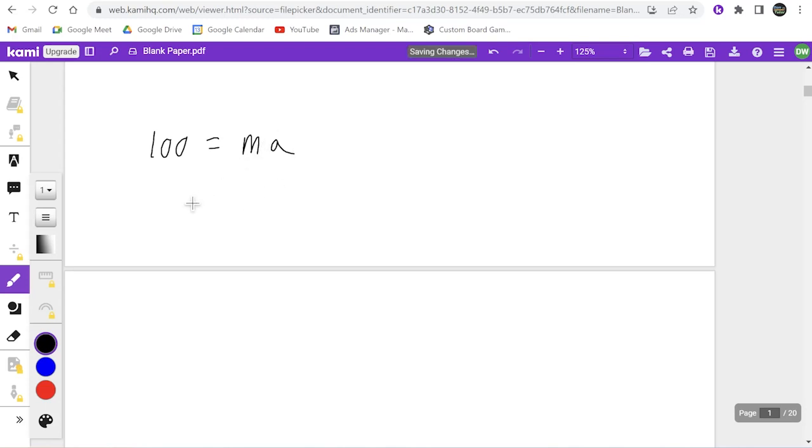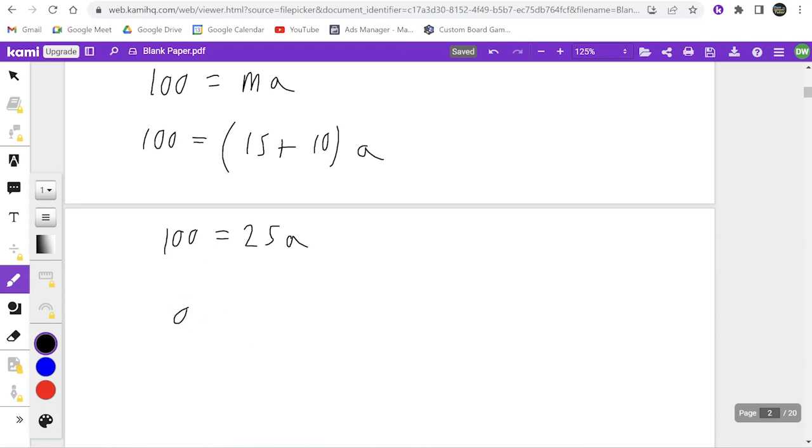That mass is the total mass, meaning 100 equals mass A, which we said was 15 kilograms, plus mass B, which is 10 kilograms, times a. So that means 100 equals 25 times a. Just divide both sides by 25. It looks like you'll get a equals 4 meters per second squared.